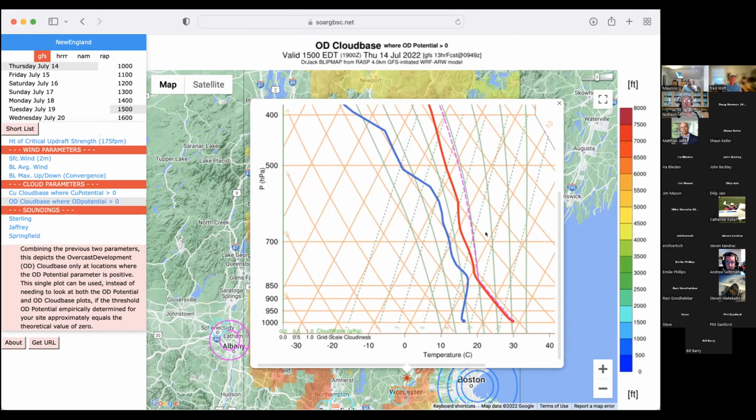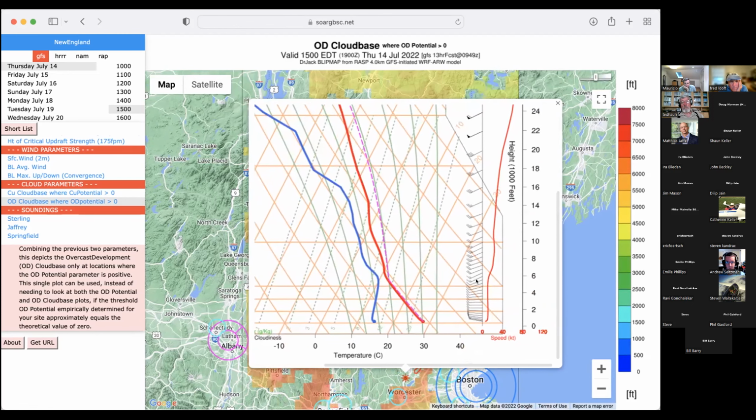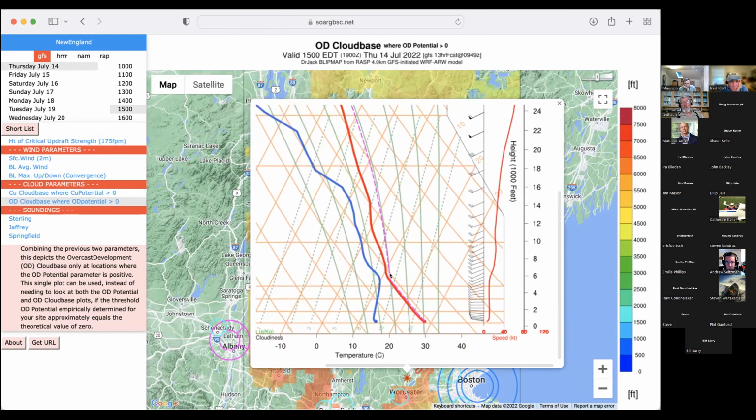I brought up this skew-T log-P plot. What you see here is nice strong lift to whatever it is, 4,000 or 5,000 feet. This dashed line is what potentially the air mass, a bubble of air, will do if it makes it this high.